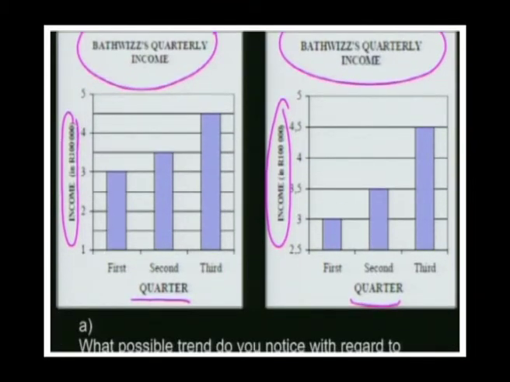Just to let you know, if you have a look very carefully at this heading, it says the income, and it says here in brackets in an amount of 100,000 Rand. So this over here doesn't mean 1 Rand, it means 1 times 100,000.